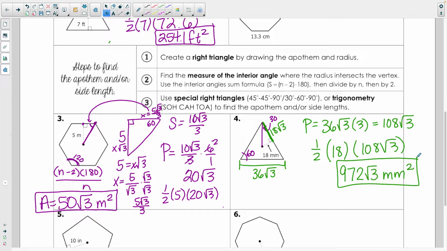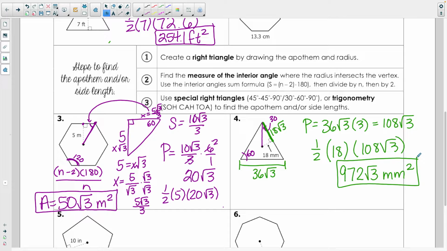Okay, I'm going to go to the back. I want you to try one. So go to number 8. 8 is a hexagon, correct? So it's going to be a lot like number 3.